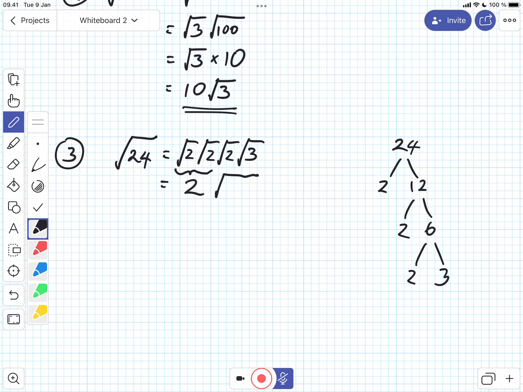The square root of 2 times the square root of 3, those two, that's going to be the square root of 2 times 3, square root of 6. So our final answer is 2 times the square root of 6, and it's simplified again in the sense that we've written it in the way that has the smallest possible number in the square root symbol.